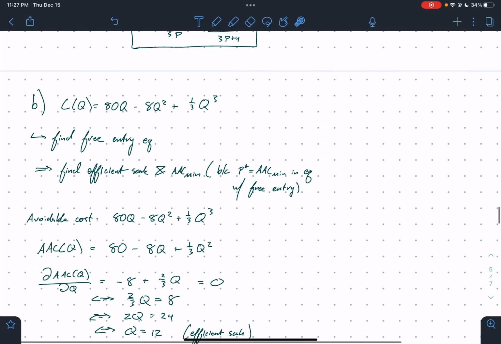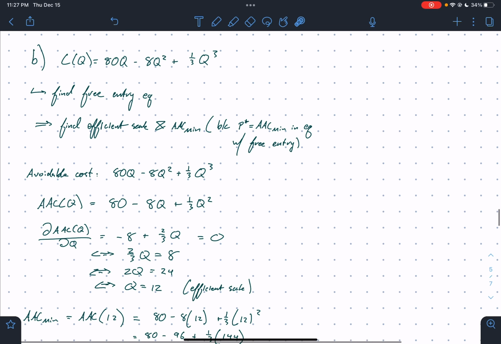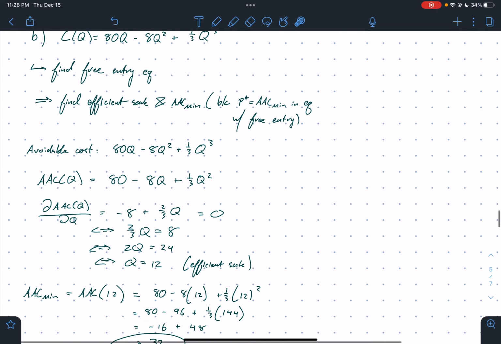On the firm side, we're going to consider an equilibrium with free entry. So we're going to find the average avoidable cost at its lowest point. Why do we do this? Because in an equilibrium with free entry, the price will be equal to the minimum average avoidable cost. To do that, we find the formula for the average avoidable cost, take the derivative, and set it equal to 0.